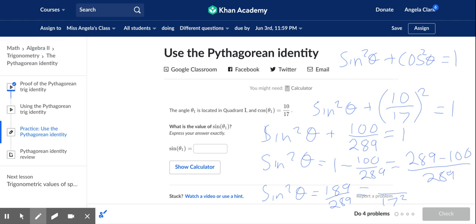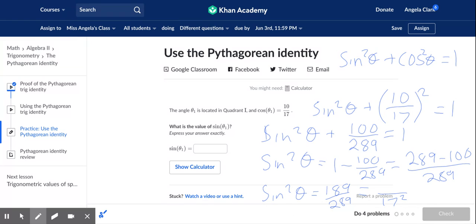Let's figure out what the numerator is. This is sine squared. So I want to get this in terms of something squared over something squared. So I'm going to take the square root of 189. And it's not an exact value, but we do want an exact value. So I'm going to write it as a square root.